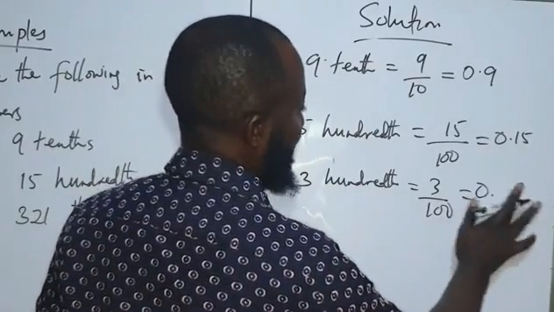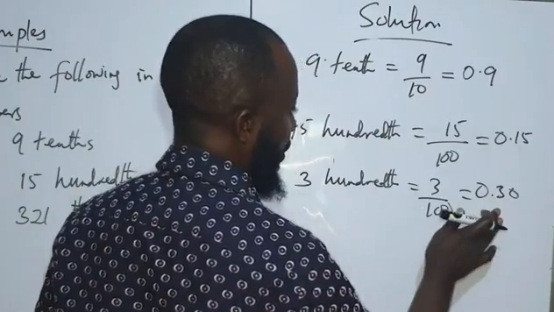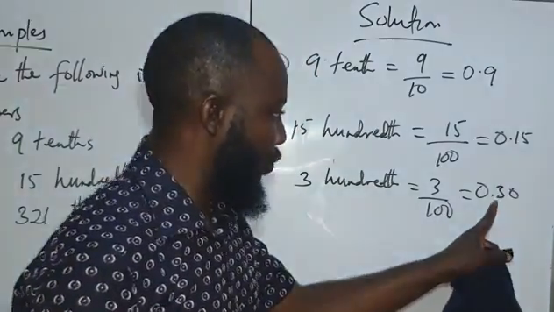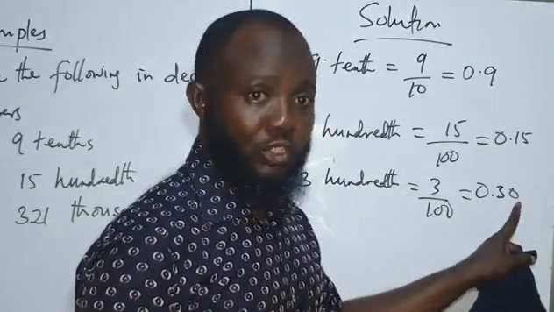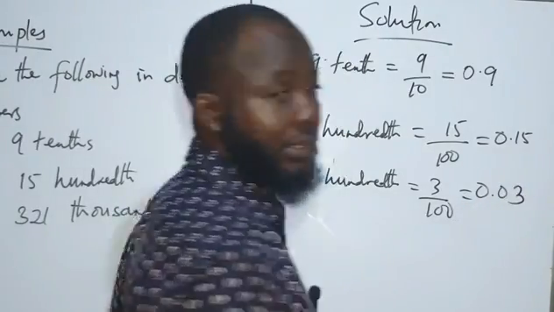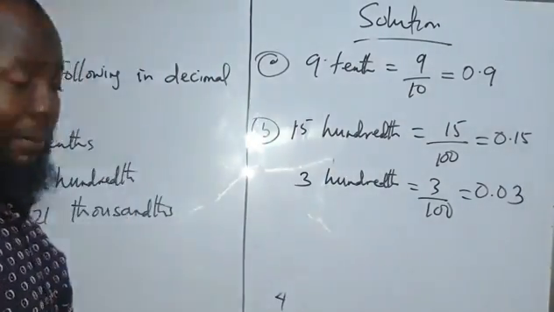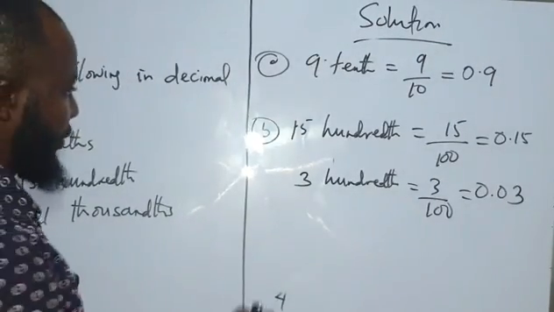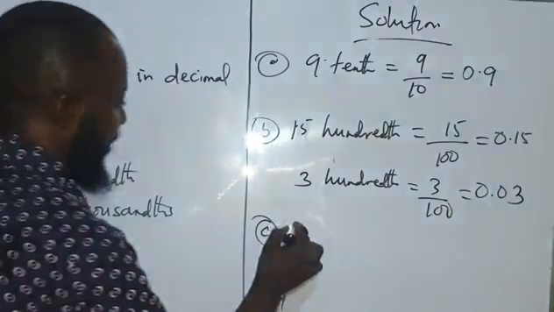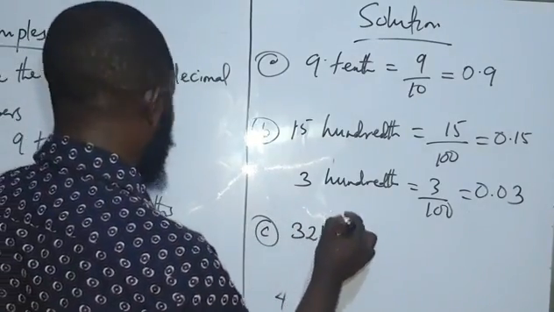It's not that you write 0.3. No, this will be wrong. You can see the 3 would then be in the place of tenths, not in the place of hundredths. So this is the tenth place, then this is the hundredth place. I believe this is very, very clear. Good. Then the last part here, we have 321 thousandths.